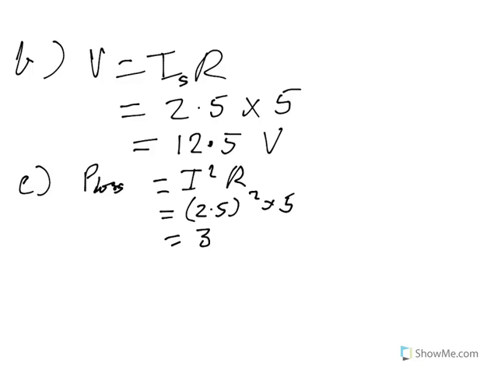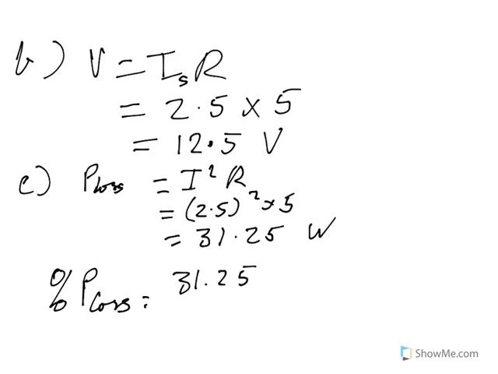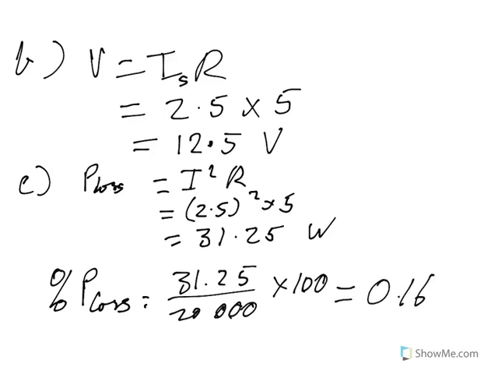So our power loss this time is 31.25 watts, much better than before. And so our percentage power loss is 31.25 over 20,000 times 100. When you work that out, you get 0.16%. So there's not much in comparison, a lot less.